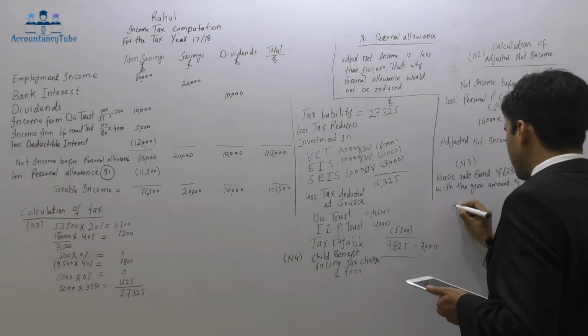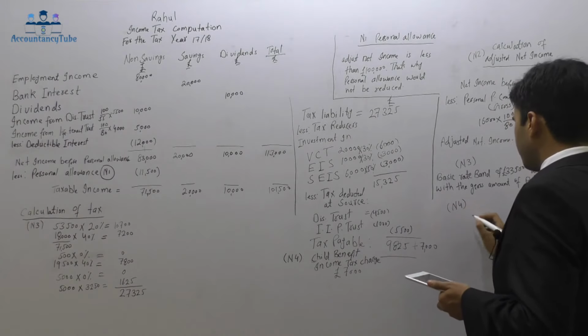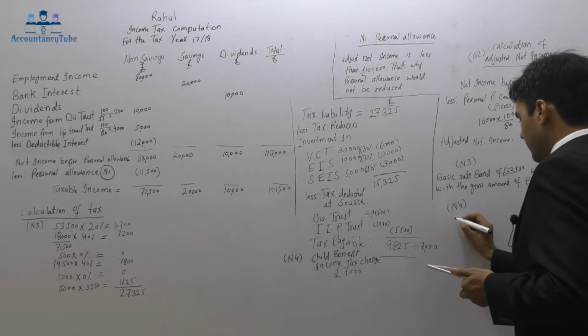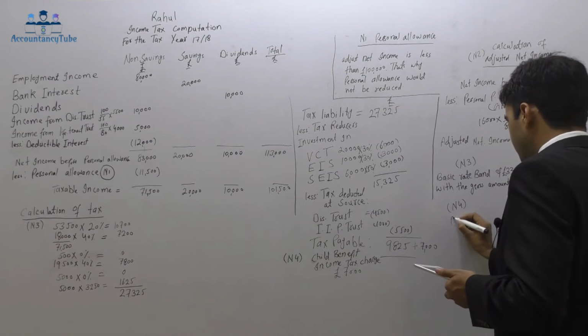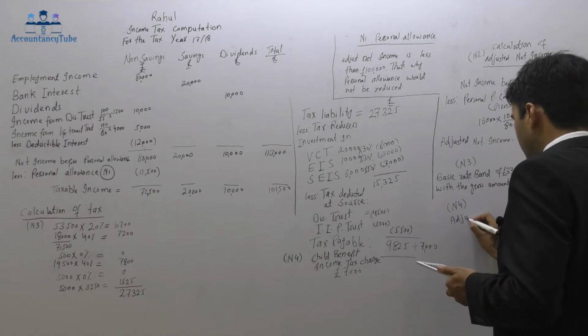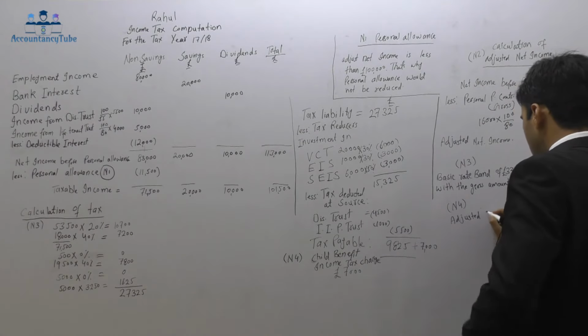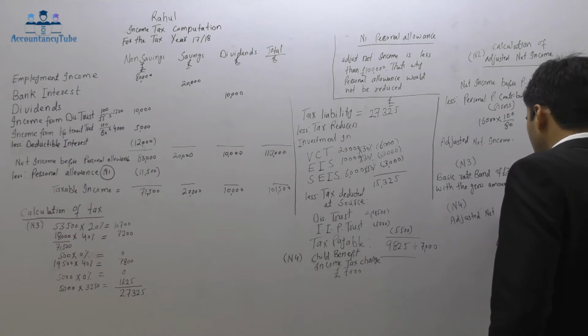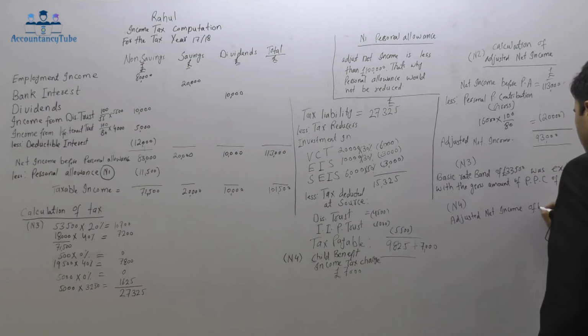So N4, note 4, the adjusted net income of Rahul.